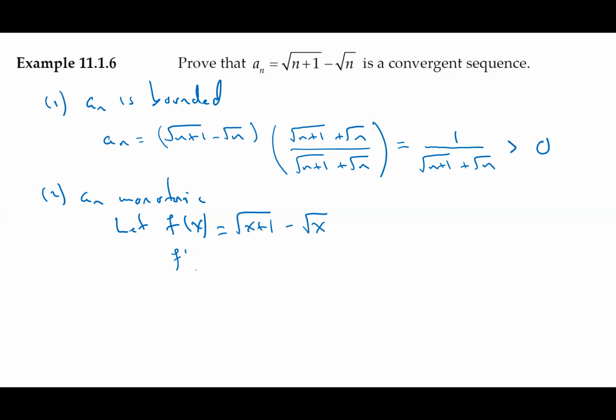Then f prime of x is going to be equal to 1 over 2 square root of x plus 1 minus 1 over 2 square root of x.